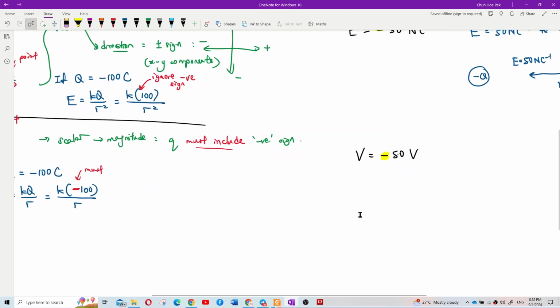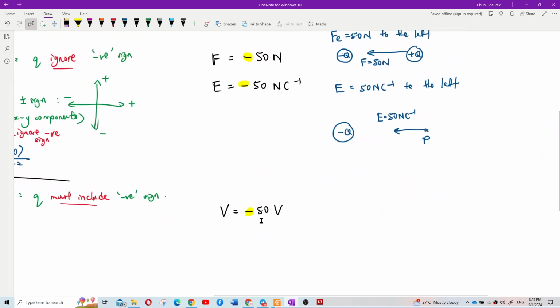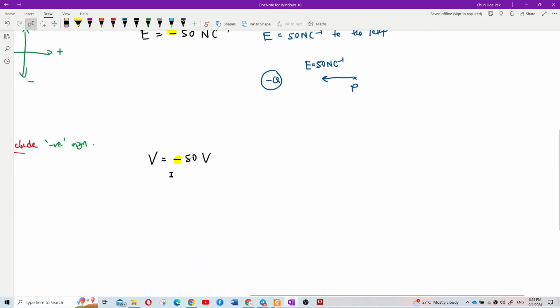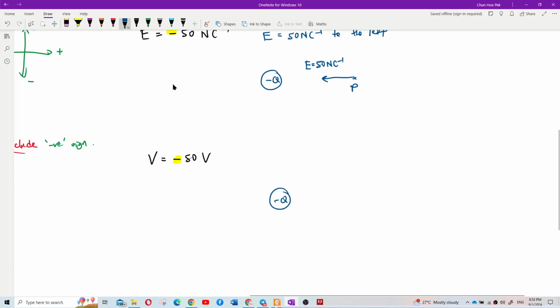But class, negative 50 volt, what does it mean? Does it mean I have a negative Q over here, and at a point P the potential is negative 50 volt?